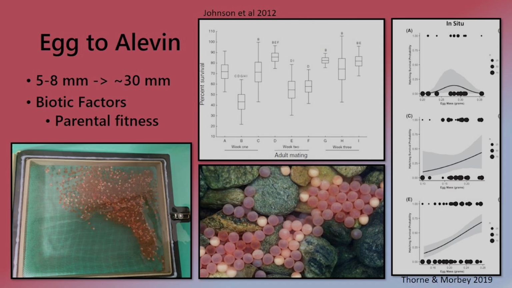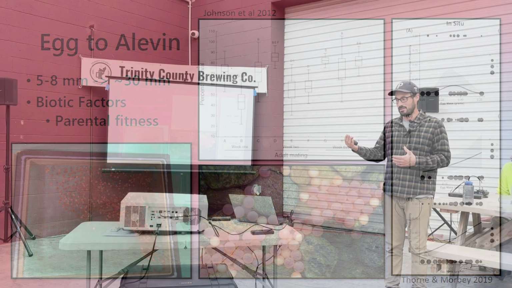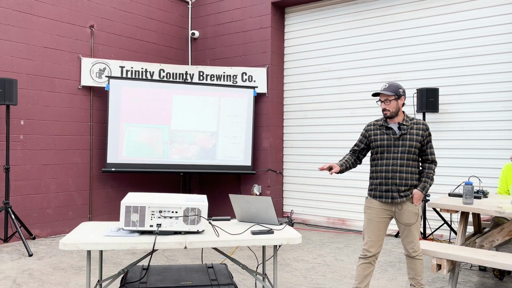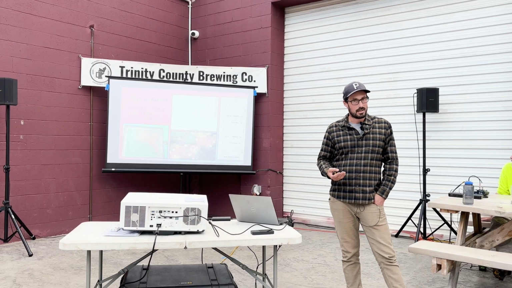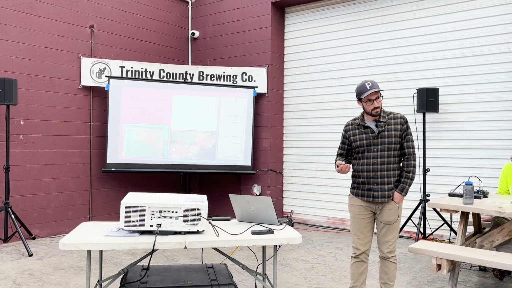Now these females were paired with different individual males. And we can see that some pairings just had lower survival. This is some parental effect that we're not really sure what it is. This publication didn't go into any of the genetics as to why this might be happening.